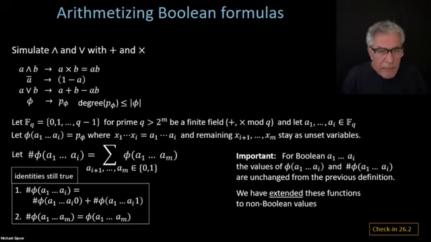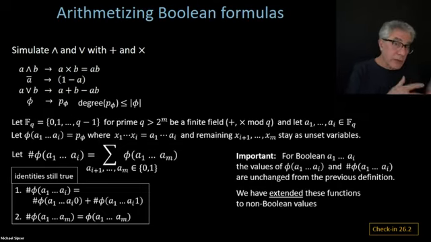Let's see. Why does the OR rule now contain the minus AB term while the previous instance of arithmetization didn't? Remember, in the case of branching programs, we didn't need the minus AB term, and that was because we could argue that it was a disjoint OR. In that earlier case, we never took an OR of two ones.